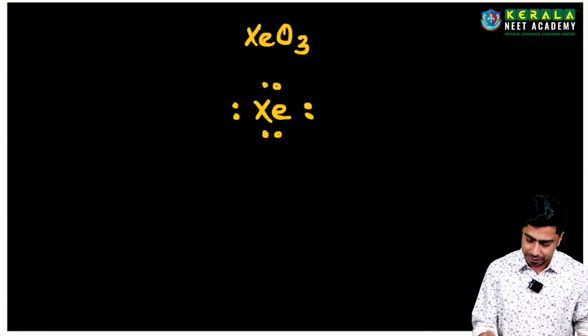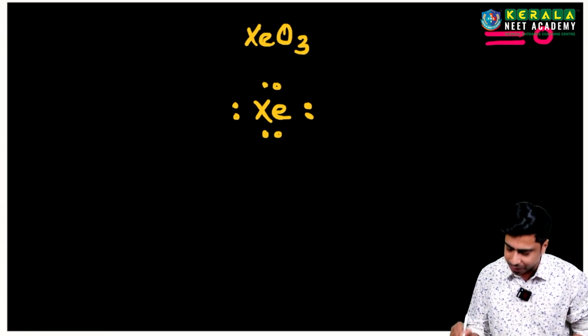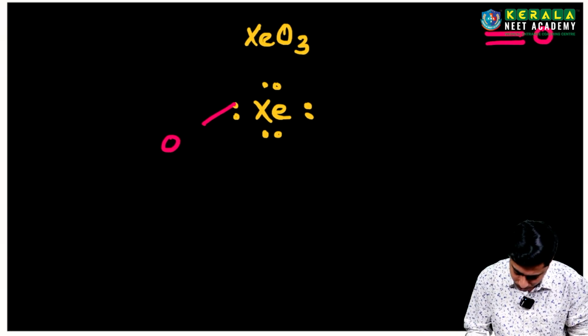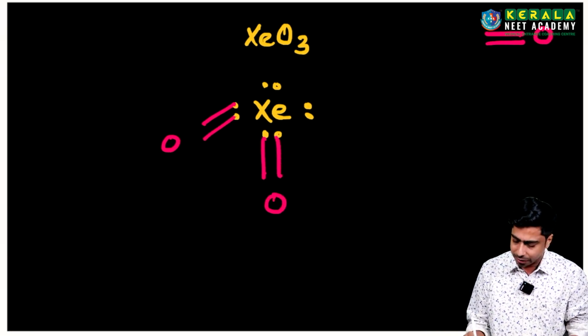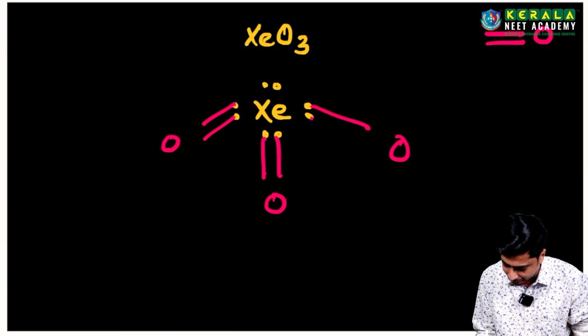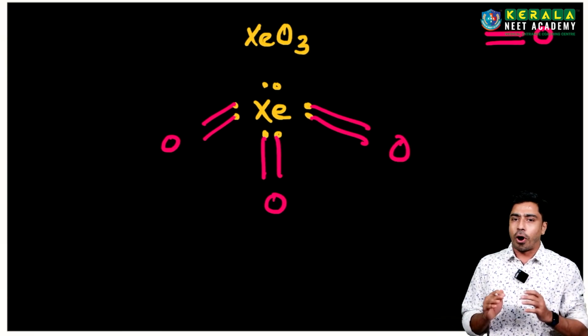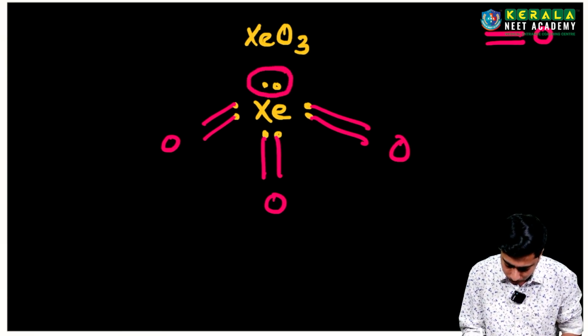Oxygen will always make a double bond with the central atom. So the first oxygen atom will take 2 electrons, the second oxygen atom will take 2 electrons, and the third oxygen atom will take the remaining, that means the 5th and 6th electrons. Now after bond formation, you have a lone pair of electrons left without bonding.